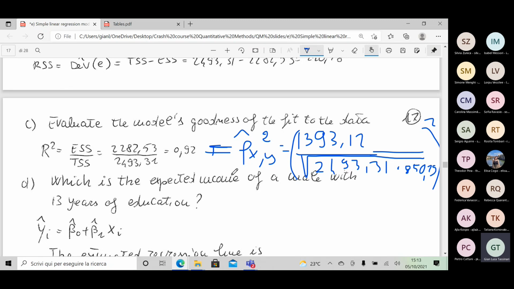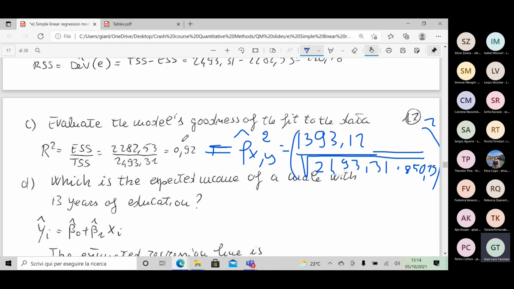Again, exercise. What does this mean? What does the R square establish? This establishes that the 92% of the variability of y, so in our sample, the 92% of the variability of the annual income for the 70 males in our sample is explained by its linear relationship with the number of years of education.